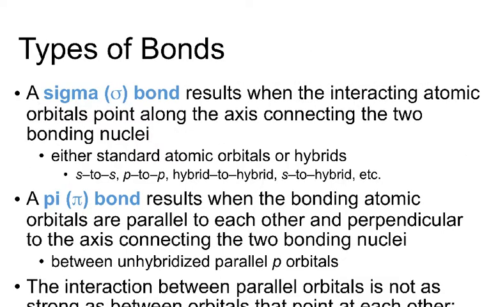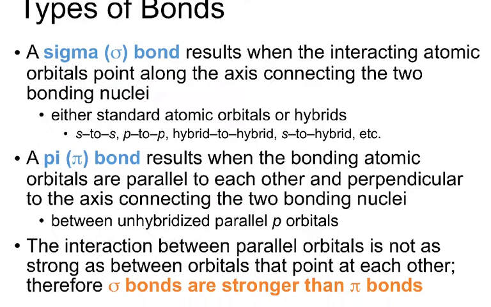We'll look at a picture in a minute. The bond with the overlap is called a sigma bond, so you're going to get direct overlap, and it doesn't matter if it's s to s orbital, p to p, hybrid to hybrid, s to hybrid. It doesn't matter what type, as long as they physically overlap.